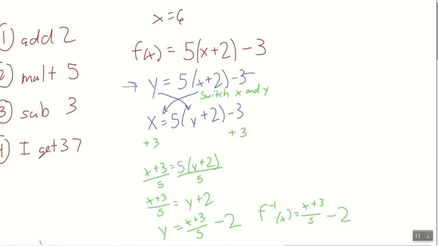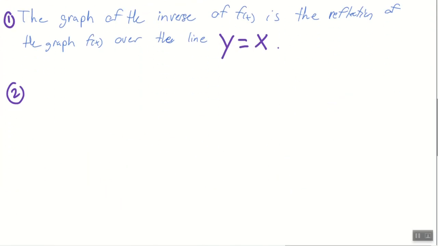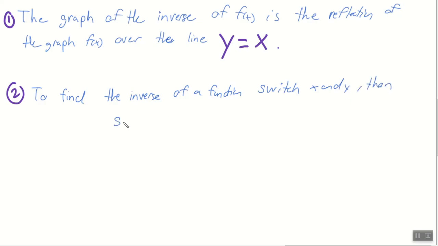Back up here, we had to do 2 steps. We had to switch x and y, and then we had to solve for y. I'm going to write it down below in words for us all. So to find the inverse of a function, switch x and y, then solve for y.